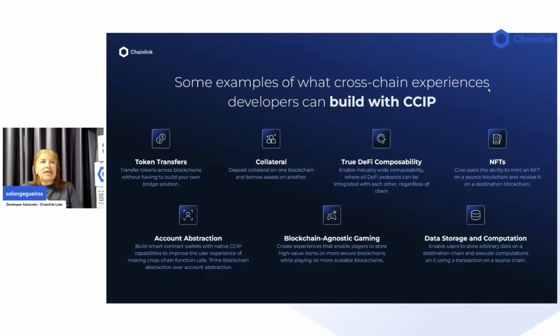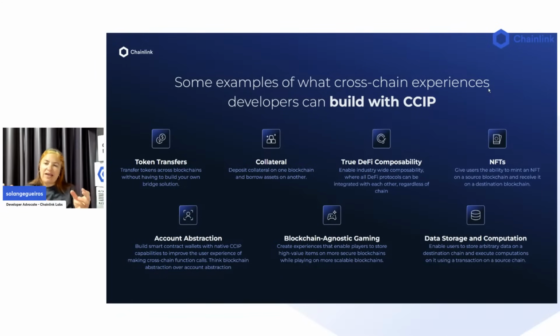And some examples of what you can do. We are doing token transfer today, but imagine that you can use this as collateral. You deposit the collateral, the guarantee, in one chain, and borrow assets on another chain. Imagine that you can have true DeFi composability.